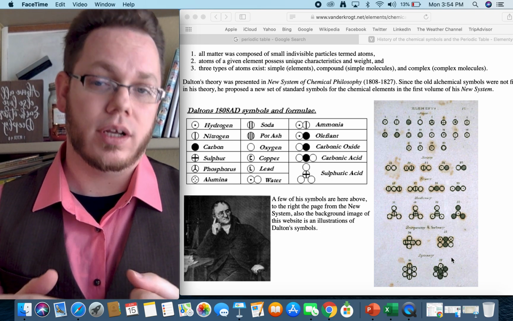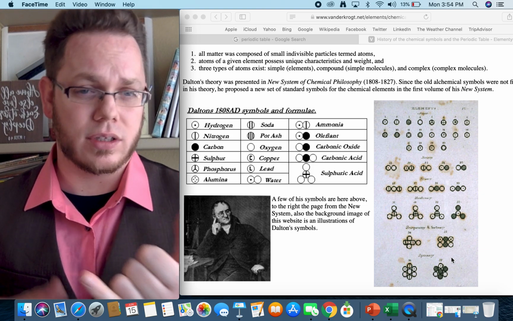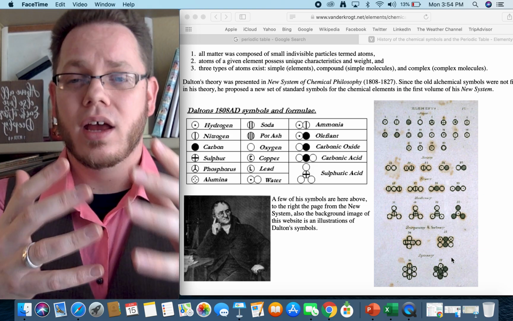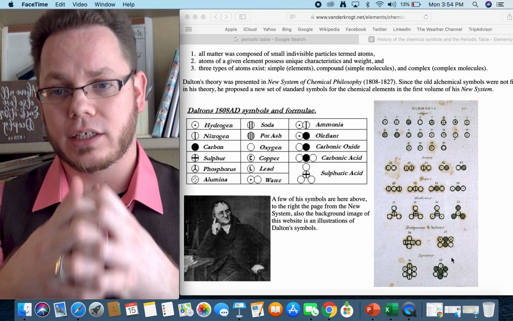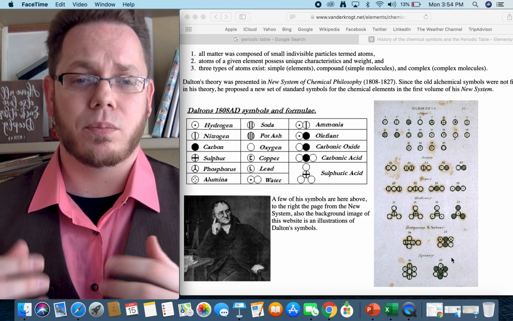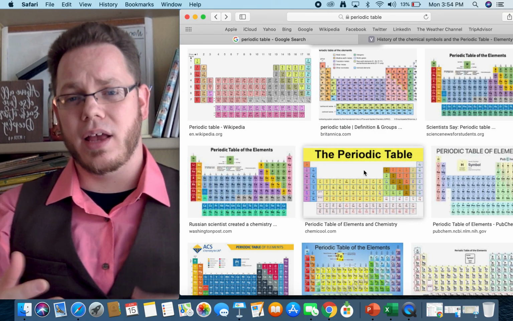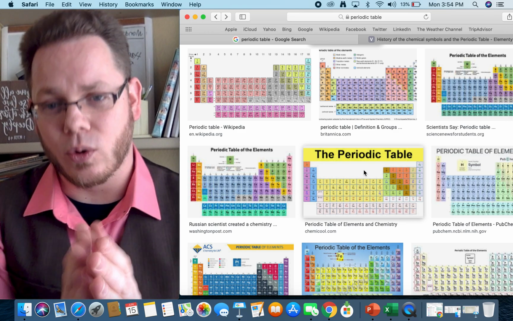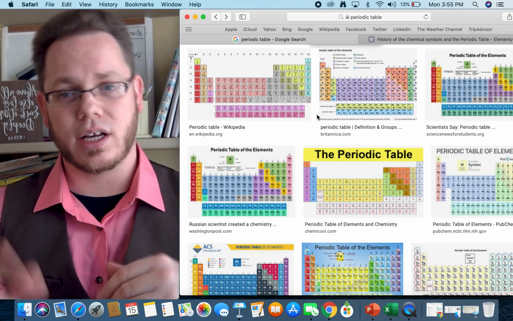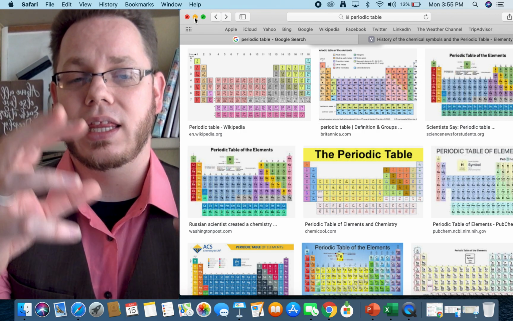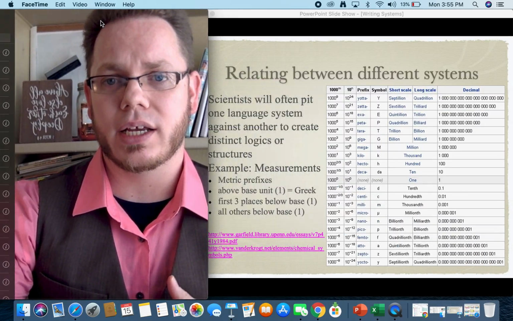If you're in chemistry, this is the precursor to things like Lewis structures, which is the system we now use to encode information about molecular compounds. This is also the precursor to the periodic table, which many people have seen, even if they don't like it or haven't taken a chemistry class. This is somewhat familiar, so we can look at a periodic table with all its color coding systems and everything, and this is now where we're at with some of those chemistry things.